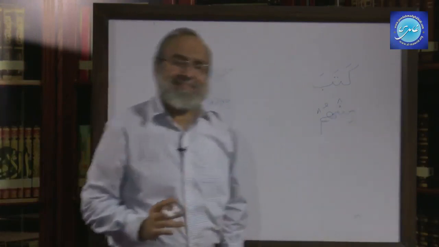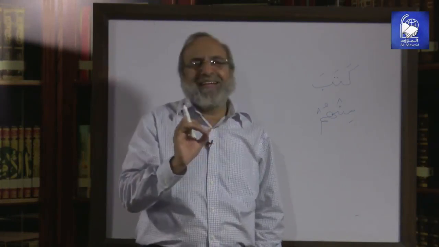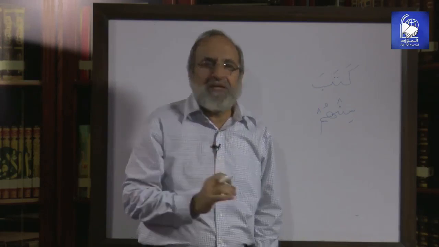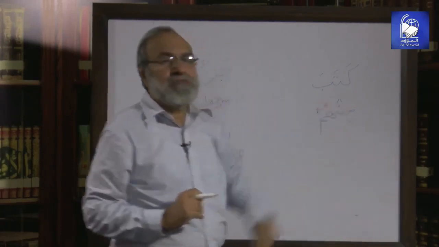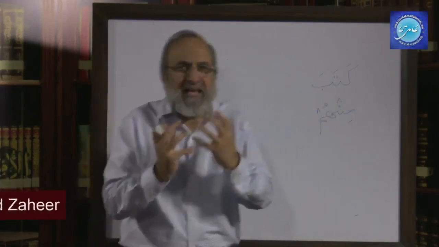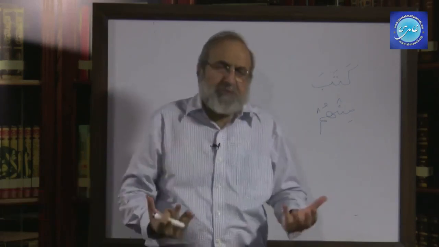Mim has a kasra, that is the i beneath it, which gives it mi. But the next letter, noon, has a jazm, which really just makes the flow broken. It breaks. It just stops.